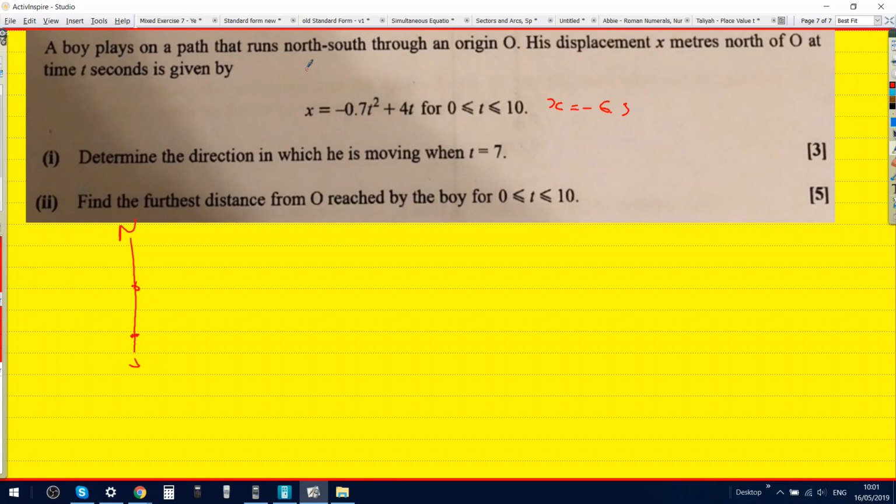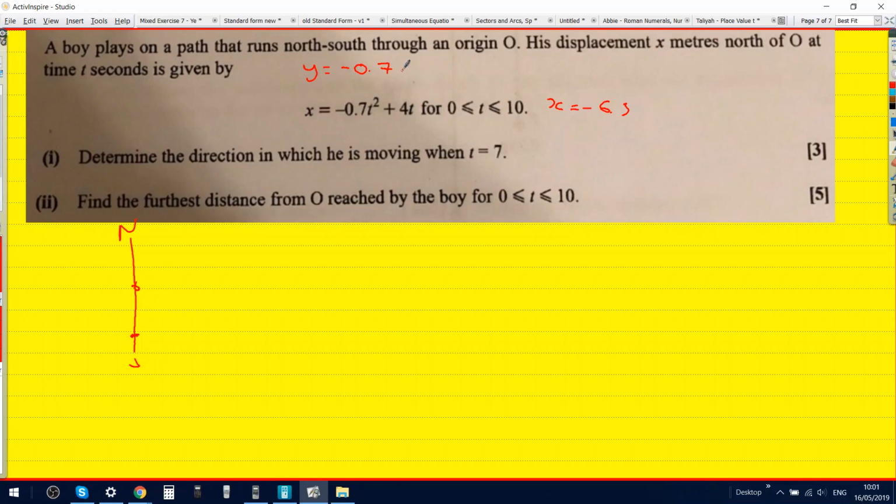How could you sketch the graph of this, y equals minus 0.7 x squared plus 4x? Or I could use t, I suppose. We'll stick with t.